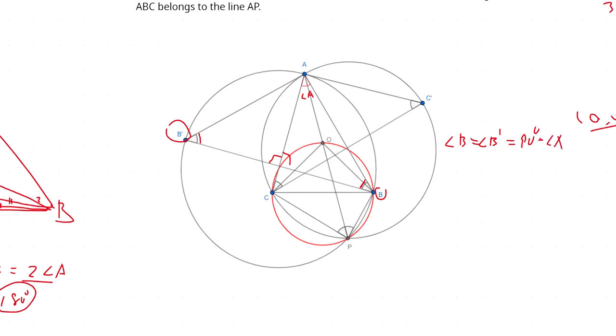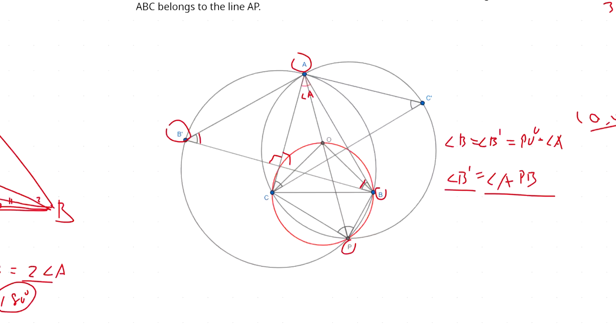And since A, B, B prime, and P, the 4 points, are concyclic, or on the same circle, angle B prime is equal to angle APB, right? Because they're facing the same chord of AB. So that's why the inscribed angle B equals the inscribed angle APB.